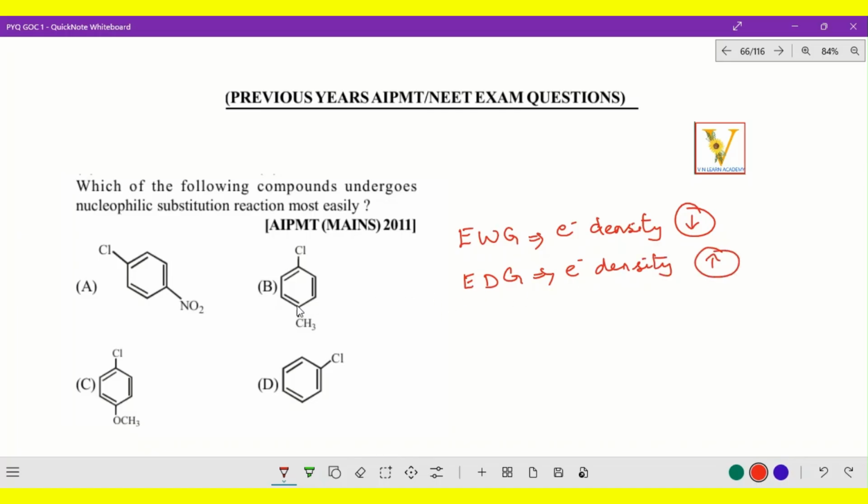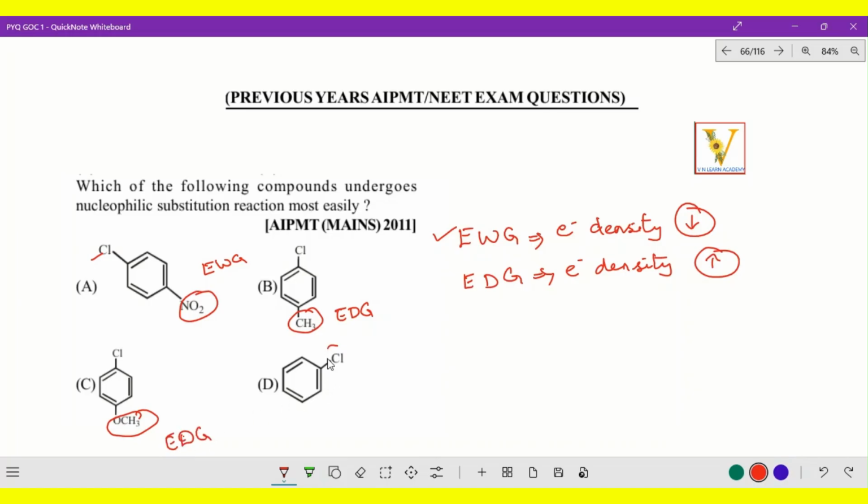Okay, now when an electron withdrawing group comes, it reduces the double bond character, and moreover it is deactivating the benzene ring. So this is an electron withdrawing group, and in the same way chlorine is also an electron withdrawing group, whereas CH3 is an electron donating group, and OCH3 is also an electron donating group.